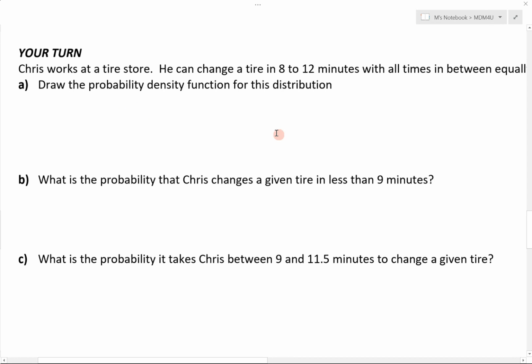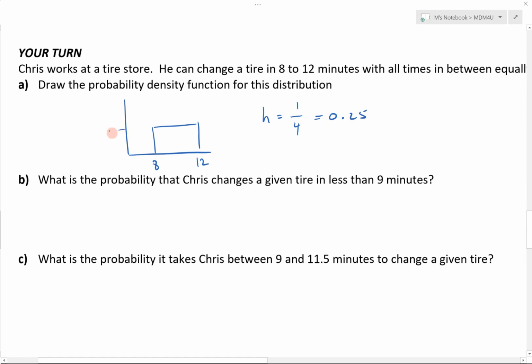Okay, so hopefully you had a chance to check it out. So here's what the probability distribution would look like. Chris would be here from 8 to 12 minutes. All the times are equally likely. And from 8 to 12 minutes, that height would be 100% divided by 4 minutes between 8 and 12, giving me a value of 0.25 for my probability density.